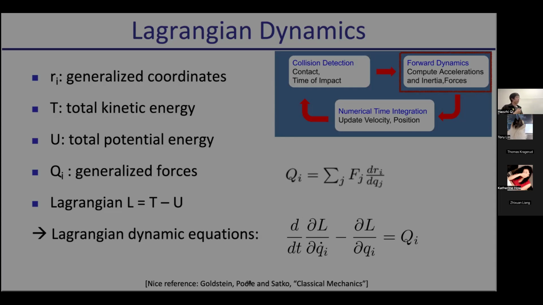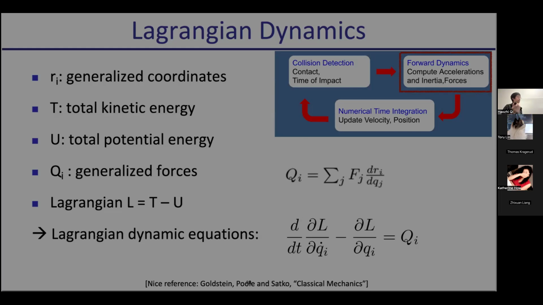A few concepts: when we talk about generalized coordinates in manipulation, it really just means you have these revolute joints, maybe 7 joints, and each of the joint angles is a generalized coordinate. So with the 7 joint angles, the configuration of your robot arm is uniquely defined.